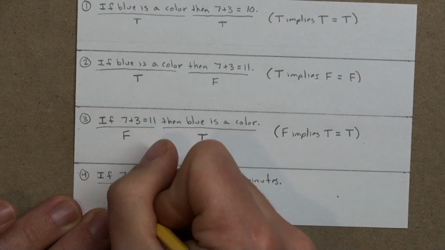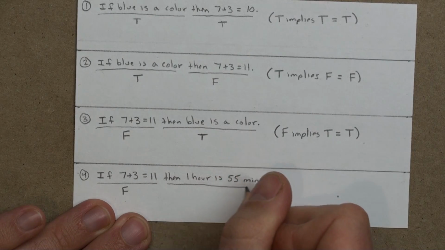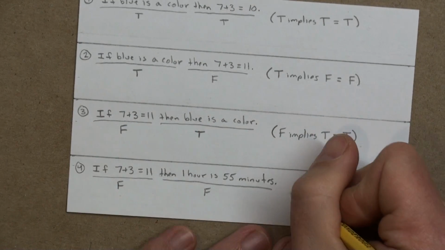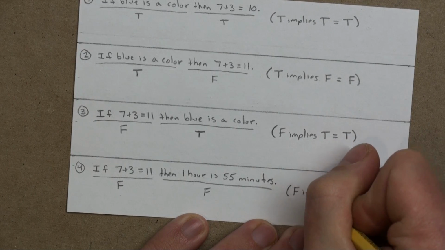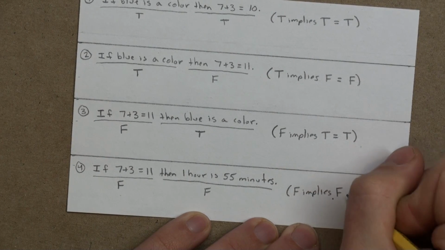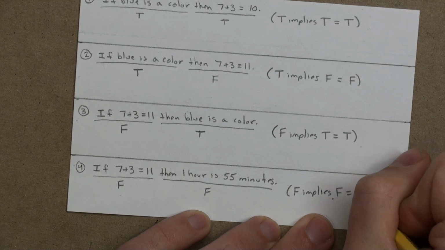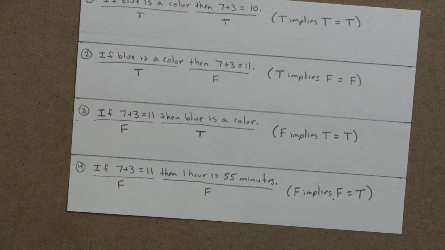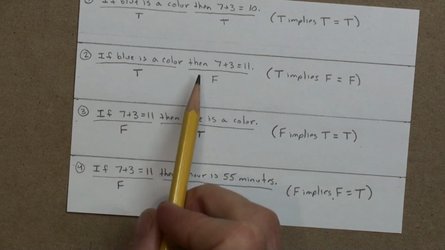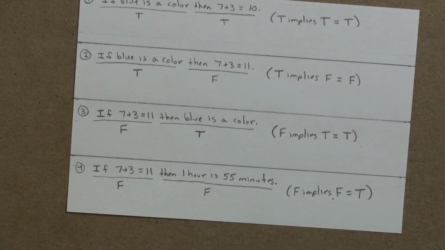So the first part is false, and the second part is also false. And even in this case, when F implies F, it's considered true. Okay? The only time a conditional is false is when T implies F, when the if part is true and the then part is false. Okay? That is card 45. Okay, let's see what's next.